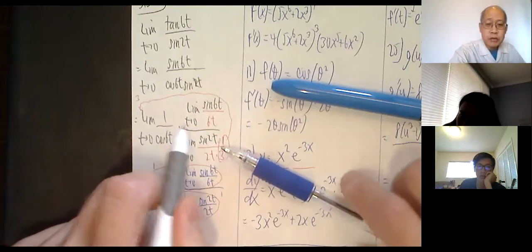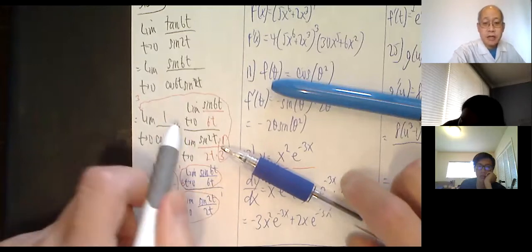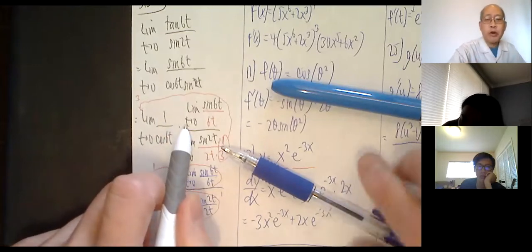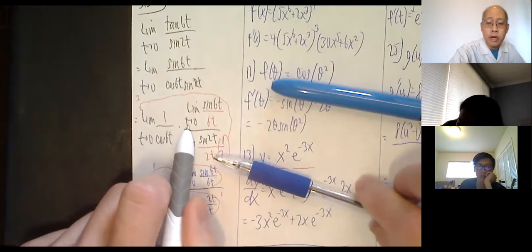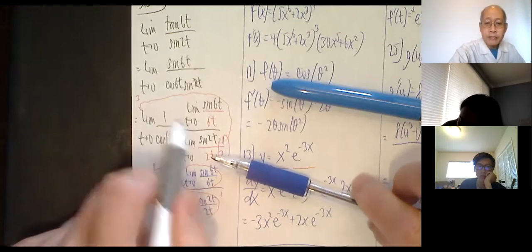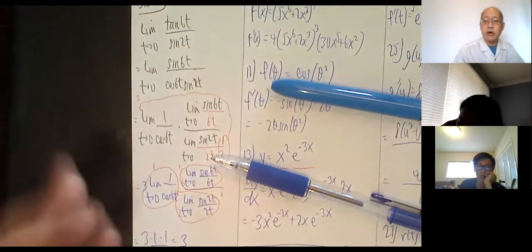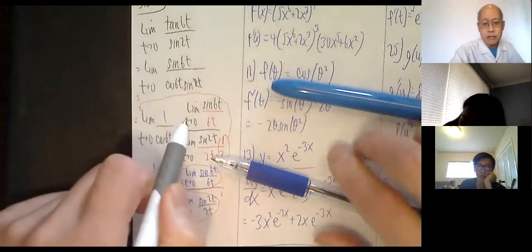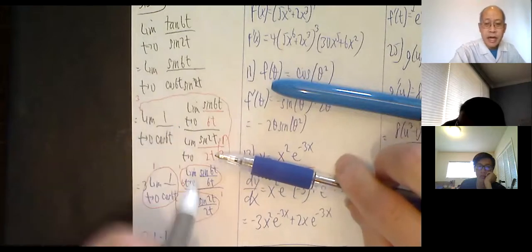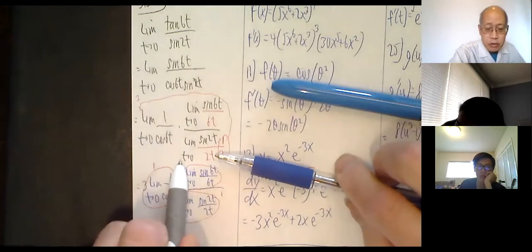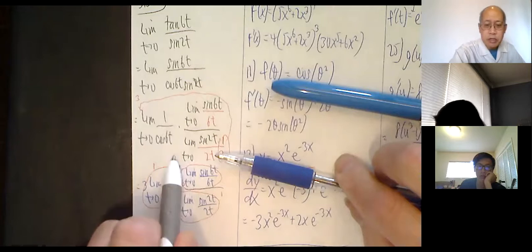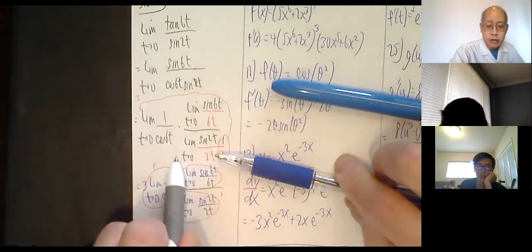If t approaches 0, so does 6t. If I plug in t as 0.1, 0.01, 0.001, 0.0001, what happens if you multiply by 6? Then you would have 0.6, 0.06, 0.006. That also approaches 0. And likewise, very technically, that should be a 2.